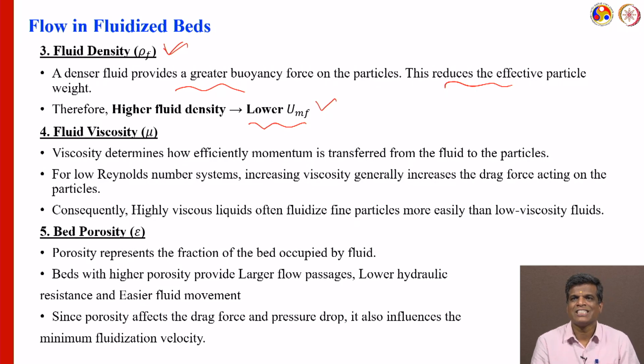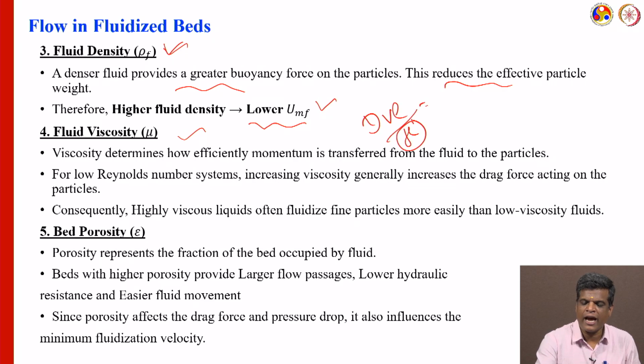So what will happen for fluid viscosity? Viscosity also determines how efficiently momentum is transferred from the fluid to the particles. If viscosity is high, then automatically the Reynolds number is low, because NRe equals d V rho by mu.